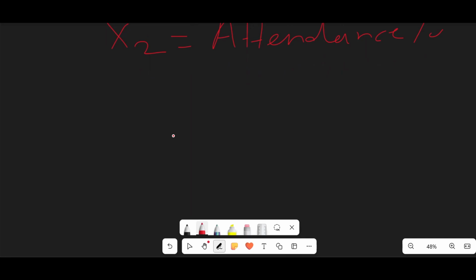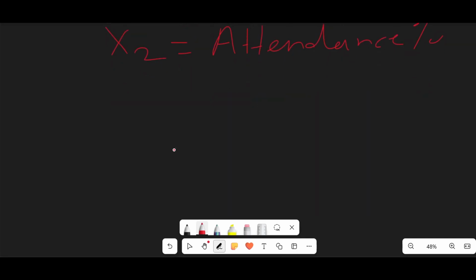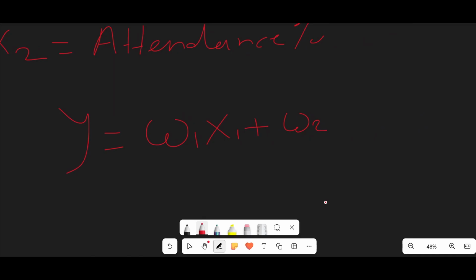So our formula will become y equals weight 1 into x1 plus weight 2 into x2 plus bias. Bias is constant, always constant.